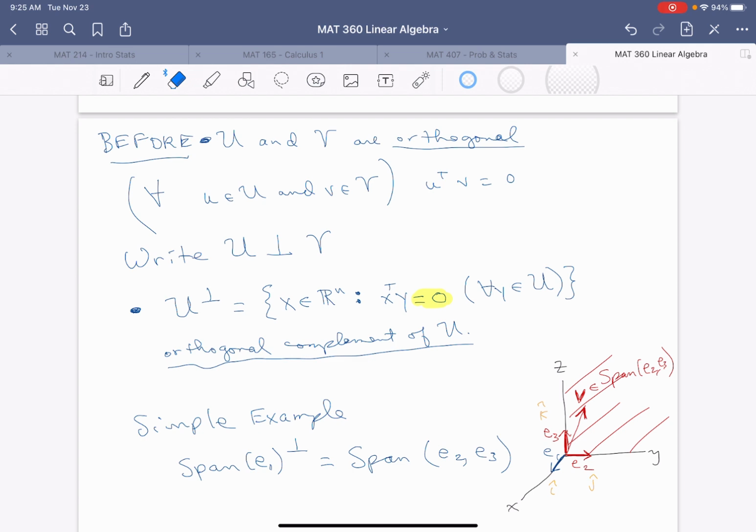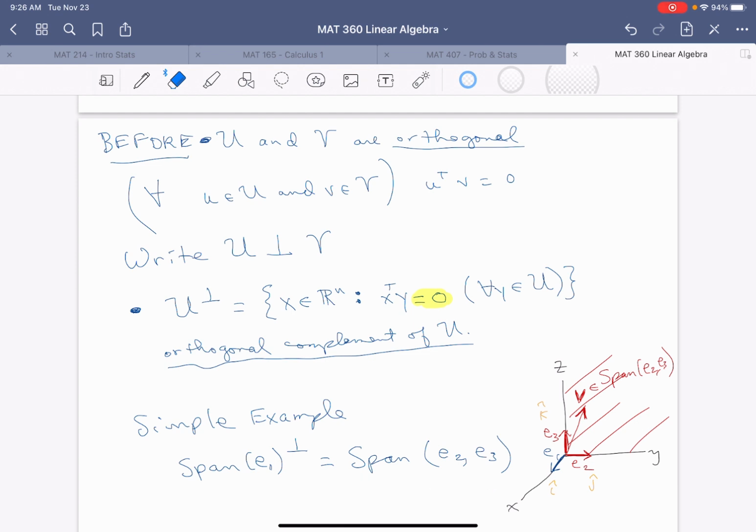We do want that condition there to be x transpose y equals 0 for each y in U. So again, a vector is an element of the orthogonal complement of U if its dot product with every vector in U is 0. A simple example, I think we put this on the board too, is that the orthogonal complement of the span of E1 is equal to the span of E2 and E3.